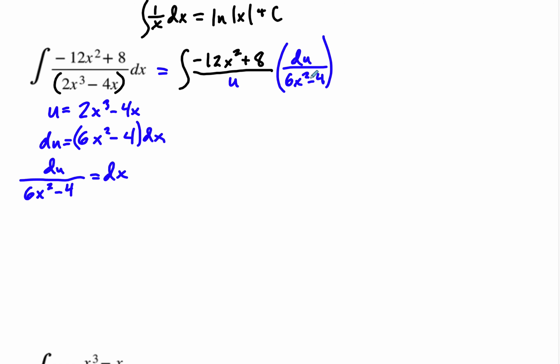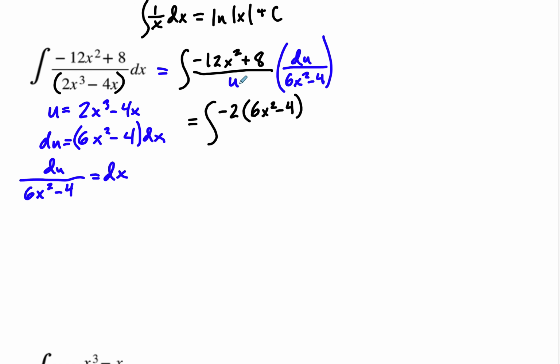Okay, now I look at this and I say, how can I get this to look like 6x squared minus 4? Think about 6 times what is going to give me negative 12. It's negative 2. So that's what you've got to factor out here. So let's go ahead and do that. So now we're going to have negative 2, and that's going to be multiplied by 6x squared, which gets us back there, and then negative 2 times negative 4 gives me 8.